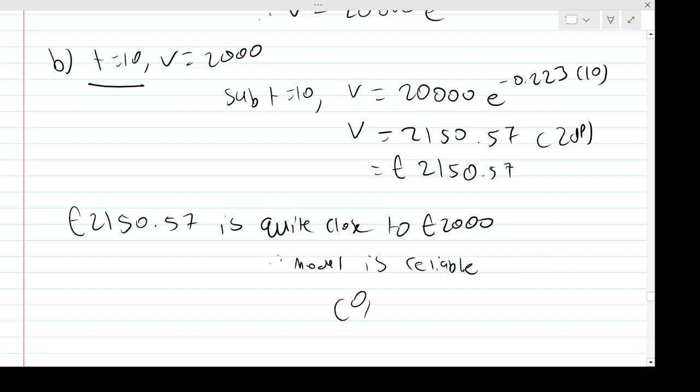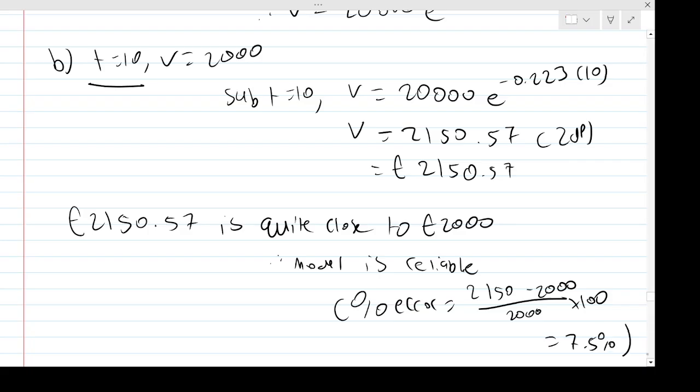The percentage error would be 2,150 take away 2,000, over 2,000, times 100, and so that would be roughly 7.5%. So you're 7.5% off the true value.